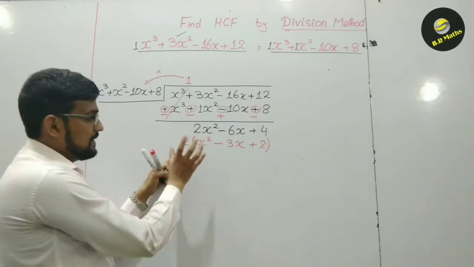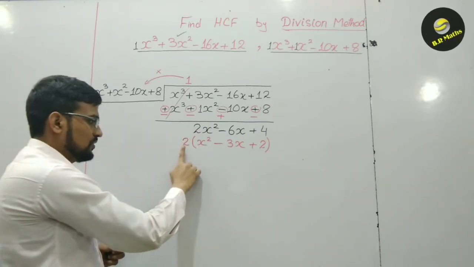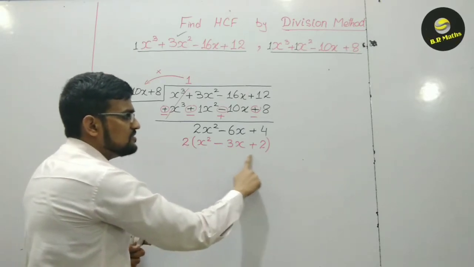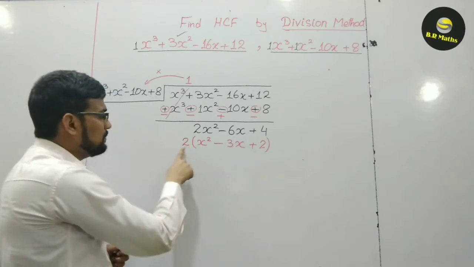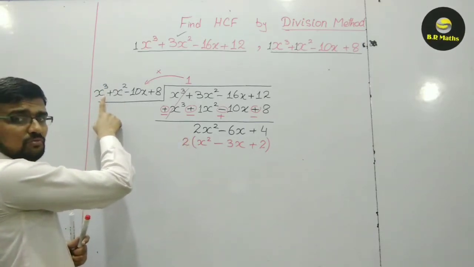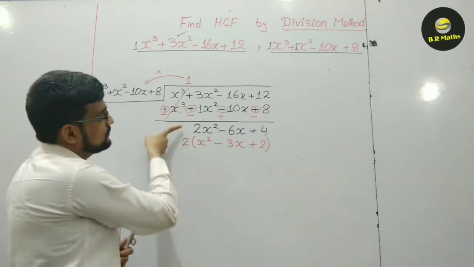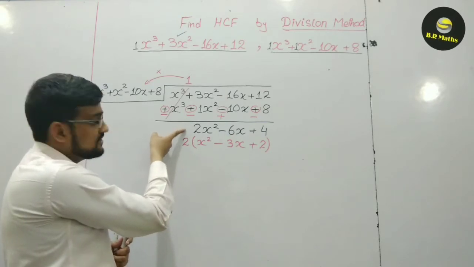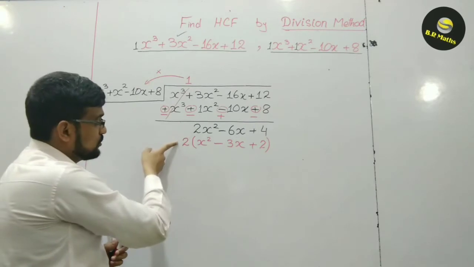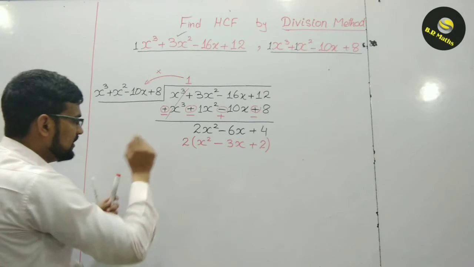Understand the main key point, students, we focus on this one. This 2 is a common factor in this polynomial, but this 2 is not in the other polynomial. It means 2 is a factor of this single polynomial only, not of the other one.